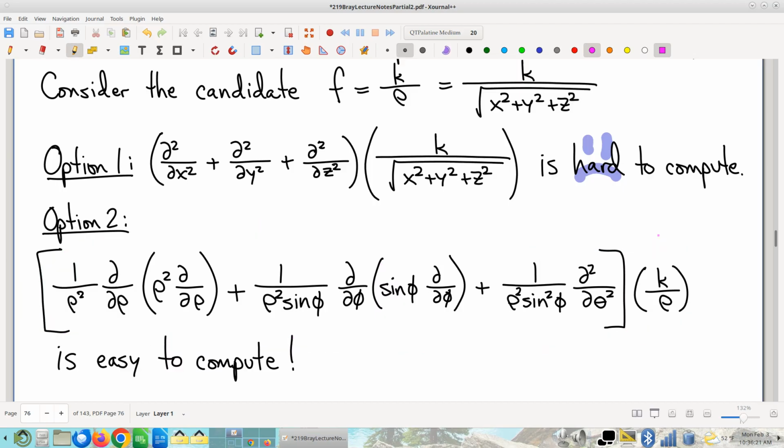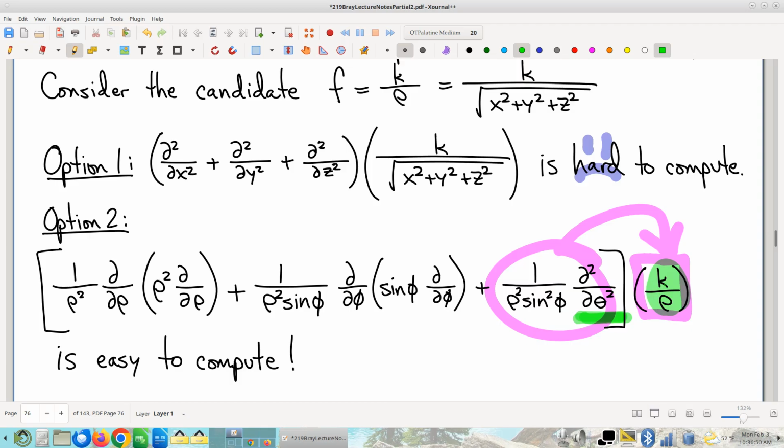We've got 3 terms you see here, right? And all 3 of those terms are applying to this same function. So let's take these one at a time. Let's start by applying this operator to that function. And let's see here, the very first step in that process, you can see is I'm going to have to take a theta partial of something that doesn't have any thetas in it. 0.